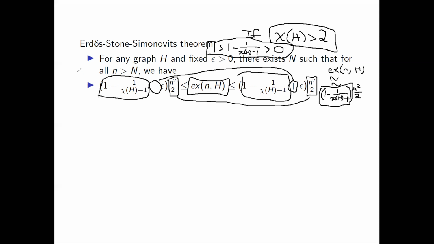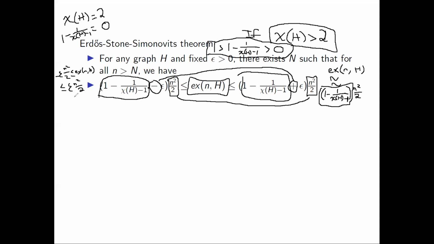Now, if the chromatic number of H equals 2, this bound is not so great, because in that case we get 1 minus 1 over the chromatic number of H minus 1 equals 0. So in that case, the theorem is telling us that negative epsilon n squared over 2 is less than or equal to ex(n, H), which is less than or equal to epsilon times n squared over 2.